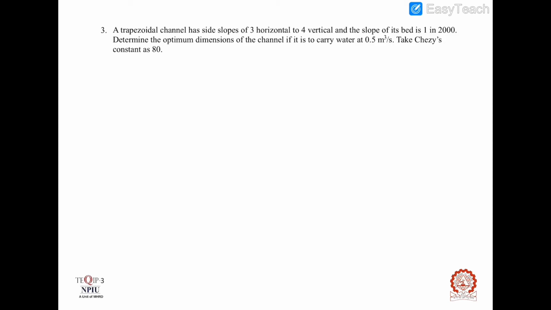Okay, so in this question, a trapezoidal channel is given. This is trapezoidal channel. Its side slope is given as 3 horizontal and 4 vertical.